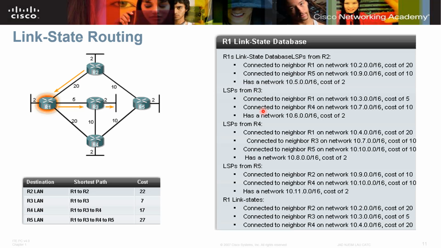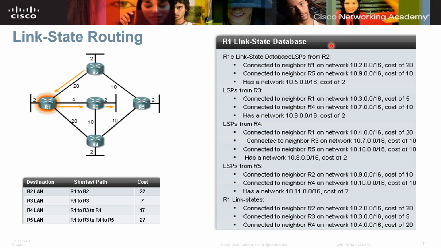This is the information of R3. Also all information about R4, all information about R5, and my own information about R1. This is my own information, but these are the received link state packets containing all information about the whole network. Once received at R1, R1 will put this information into the R1 link state database.